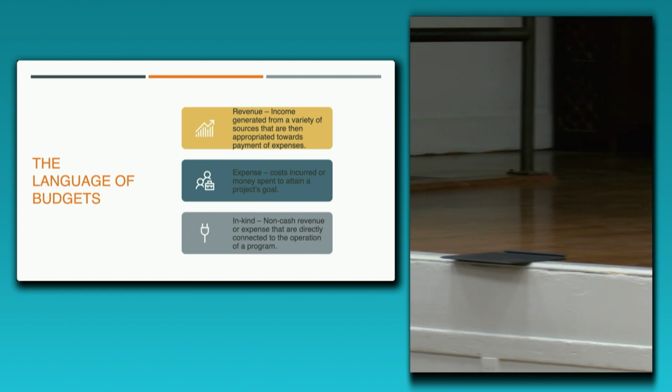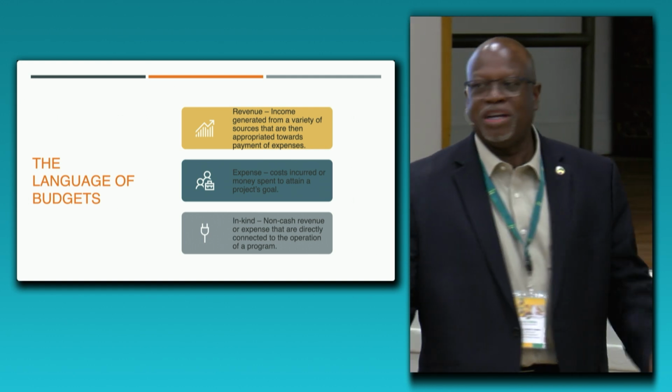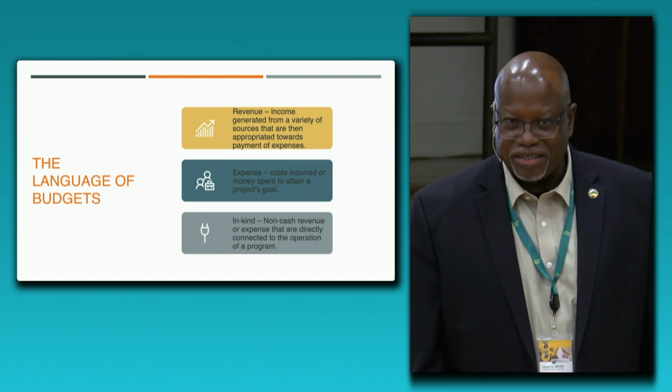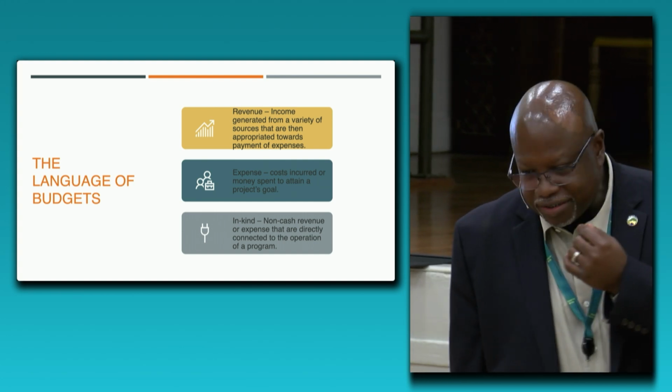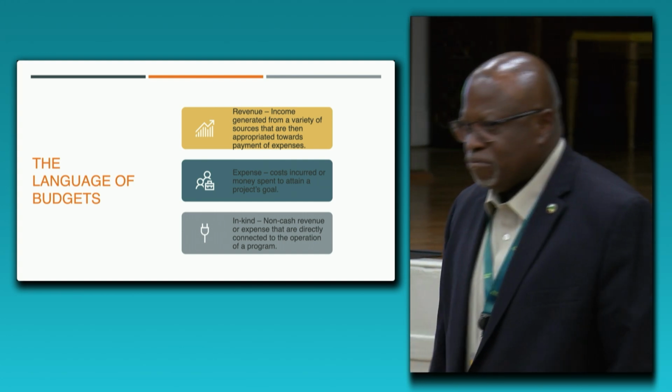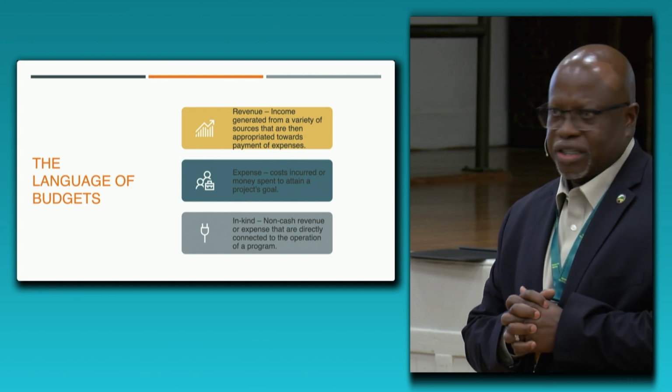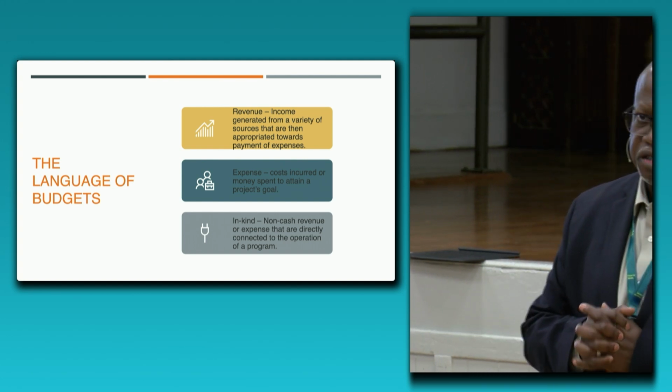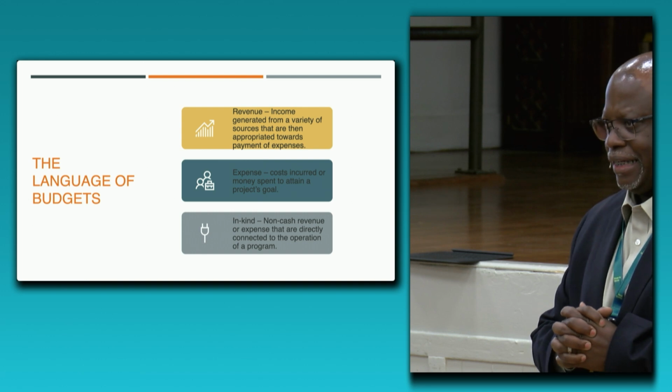So when we talk about in-kind, we're really talking about non-cash revenue, right? Non-cash revenue. As I mentioned this morning, when you're looking at non-cash revenue, it can be something that comes in the form of a person volunteering their time.